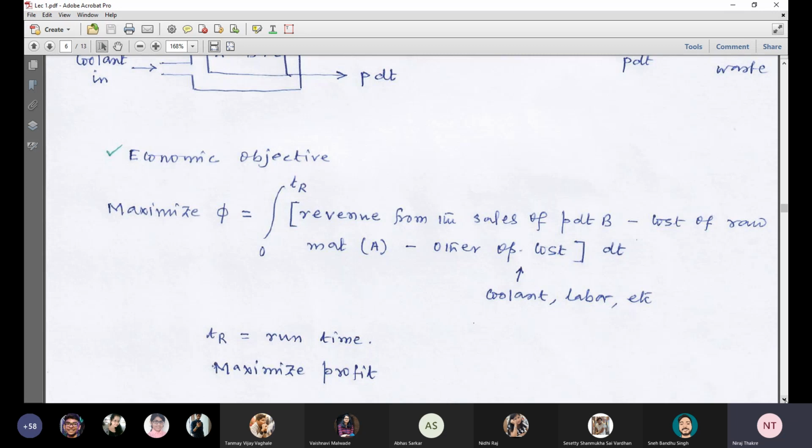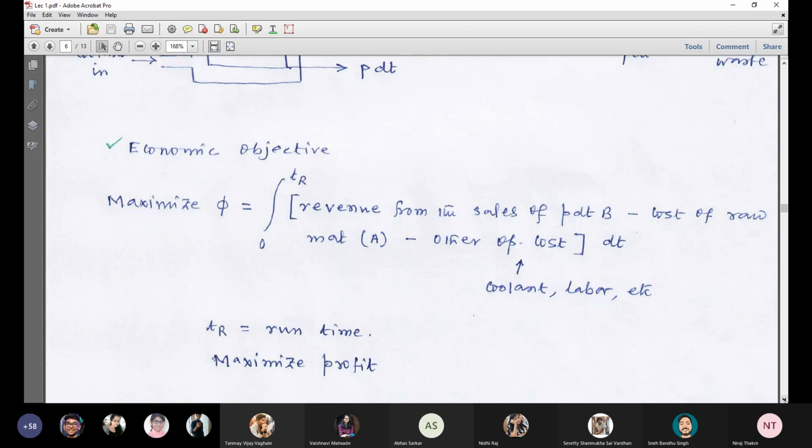In fact, sometimes we find the dimension also, design actually. Okay, so these are the three important issues which are taken care of by the controller. Any question? Otherwise, we'll go to the next topic.